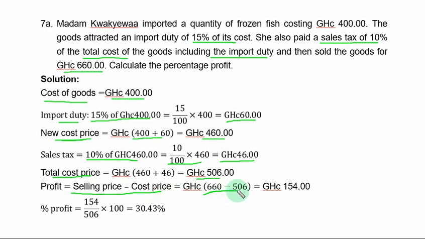That is this, and you have 154 Ghana cedi. Percentage profit is equal to profit over cost price times 100. That simplifies to 30.43%.